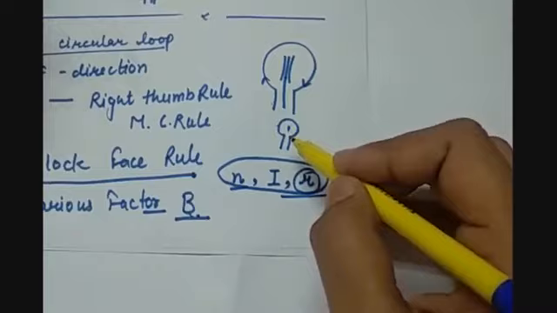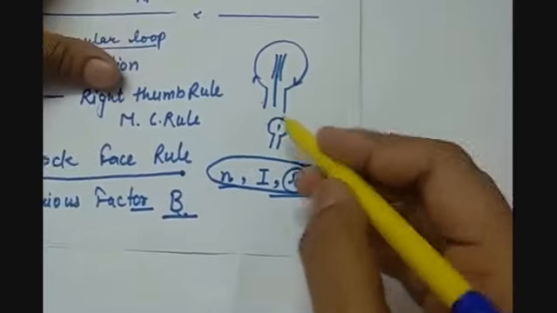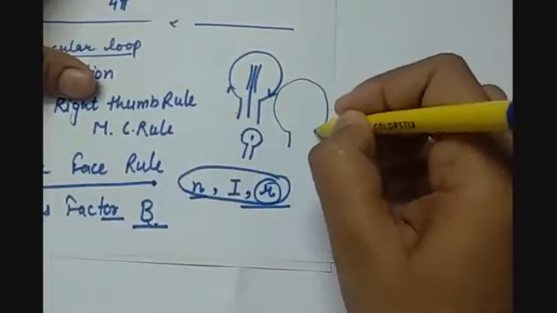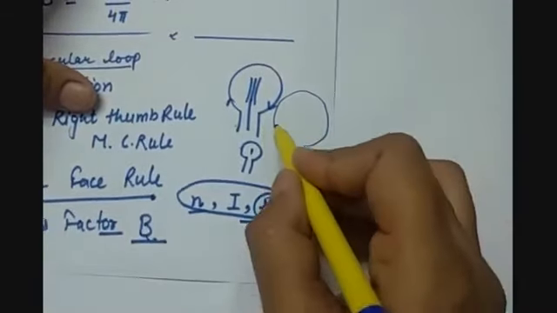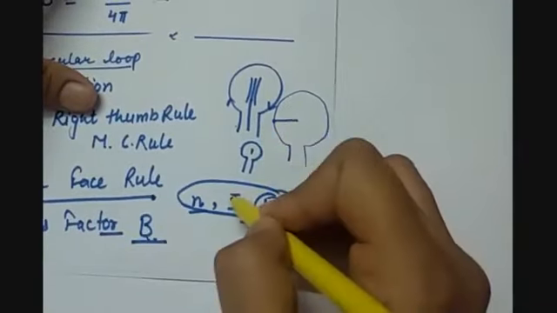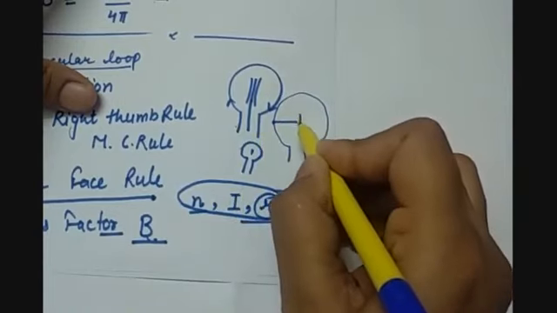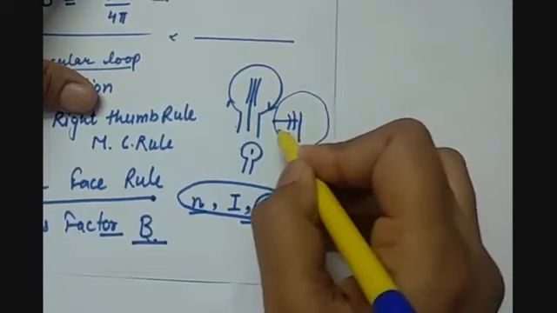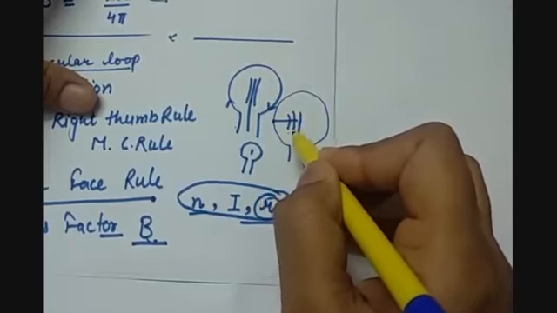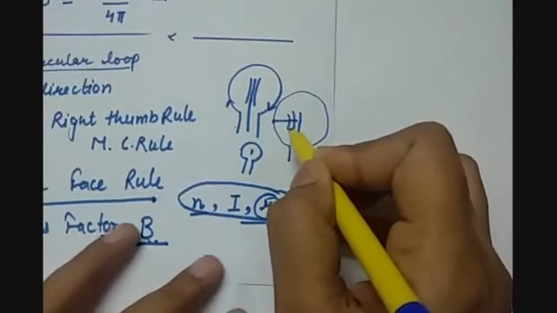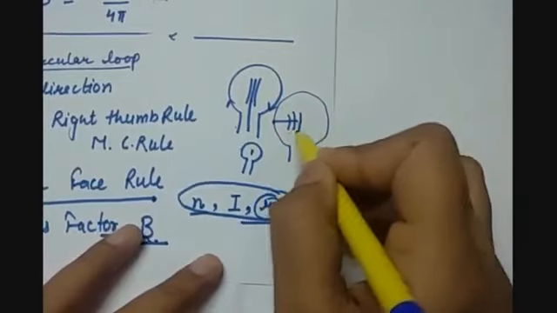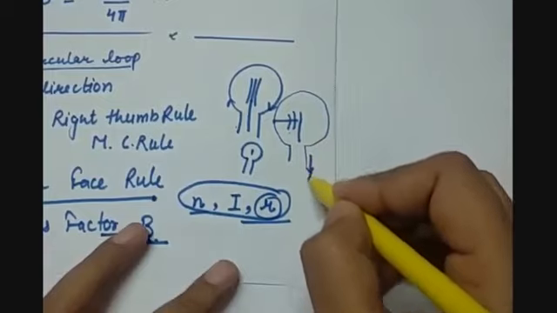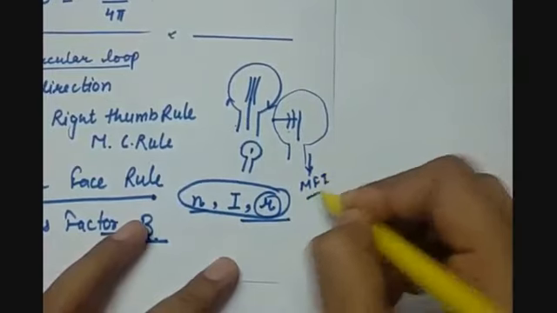So the magnetic field strength will be higher. And when we have a bigger circular loop, as we go away from the loop towards the center of the circle, the magnetic field strength is already very low. So low magnetic field strength lines are merging with each other, and they get a reduced magnetic field intensity.